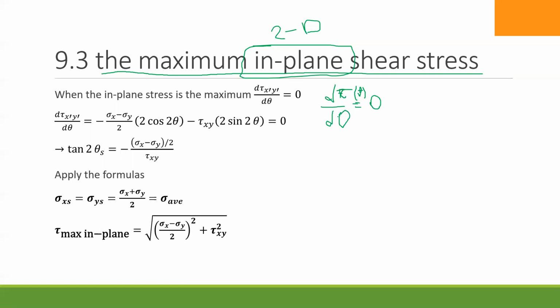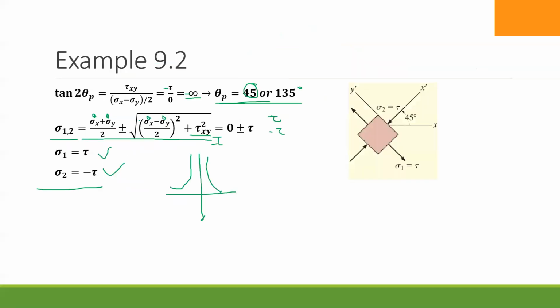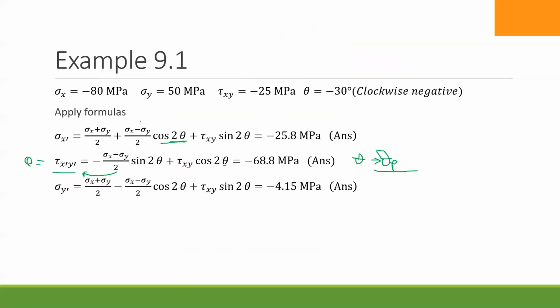So I need to take the derivative of tau with respect to theta, equal to 0. So you know we have a formulation for tau like this. If I take the derivative of this formulation with respect to theta, I don't want to lose time on mathematical calculation. Maybe you can remember what the derivative of sine 2 theta is. We can calculate it.